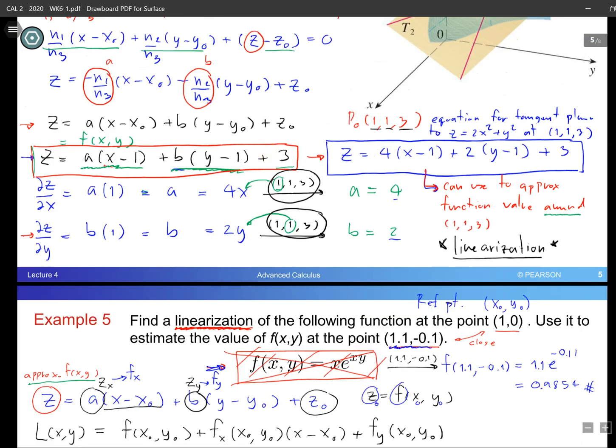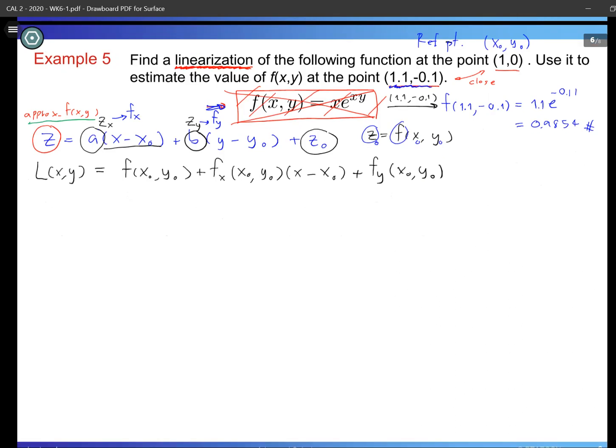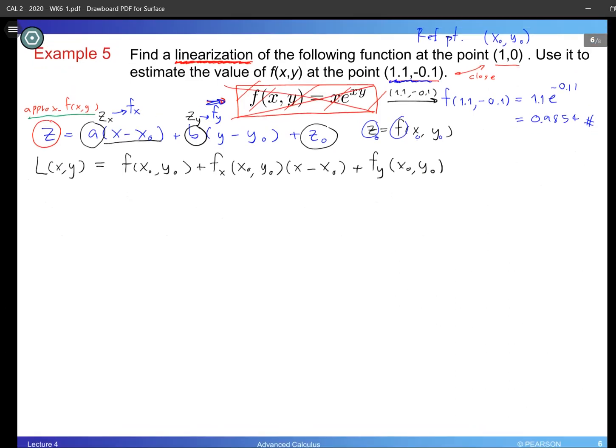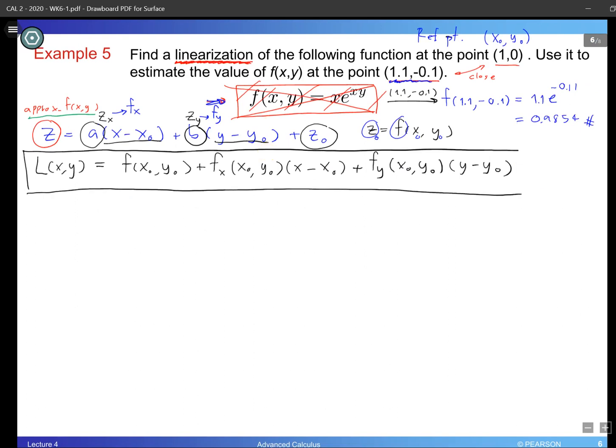Okay? Now, back to here, last term that we have is this y minus y0. So let's bring it to here, y minus y0. And there you go, you have this formula for the linearization. Okay. All these terms, if you find all of them, you can use it to approximate the function value at x and y, and make a note right here.